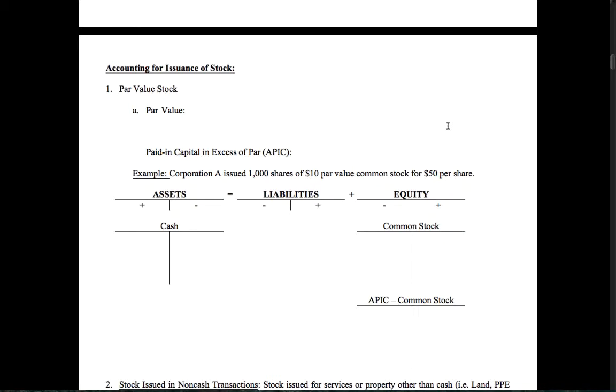Next, let's go into accounting for the issuance of stock. First, we have par value stock. Par value stock is broken down into par value and paid in capital in excess of par, or additional paid in capital, as we referred to it earlier.